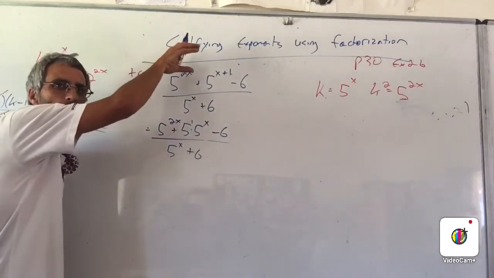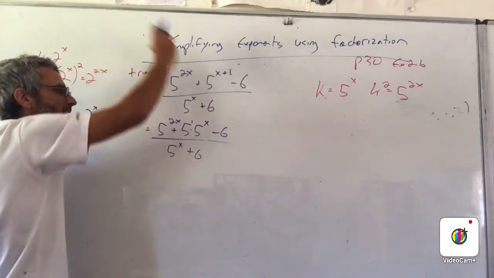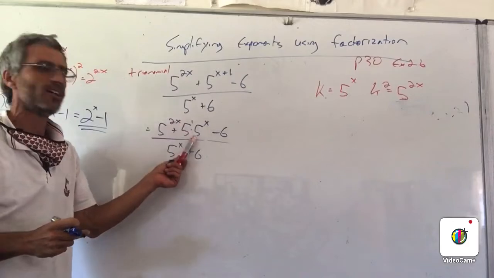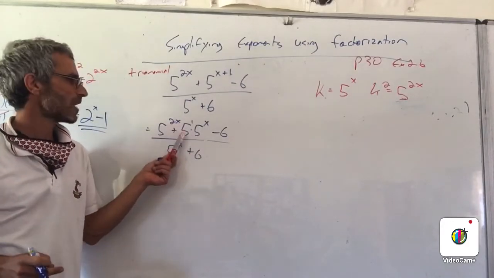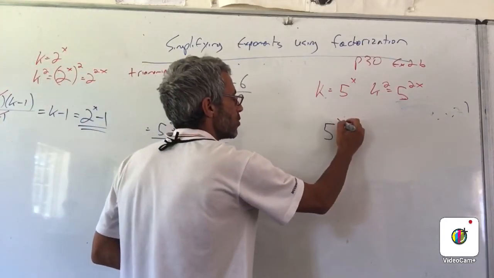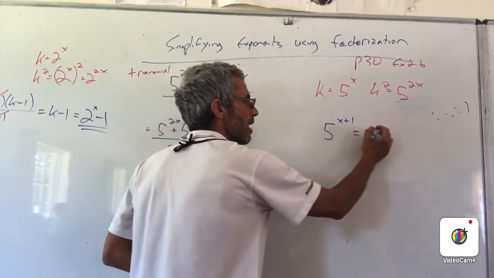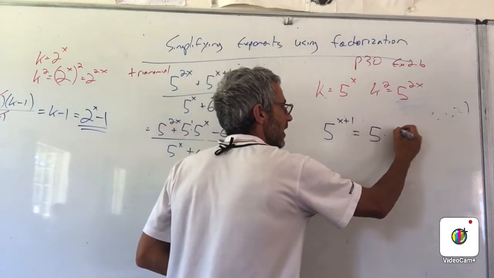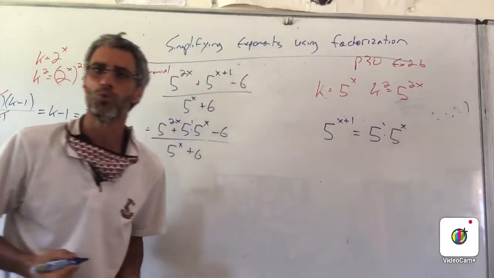So basically I grabbed the 5 out of here and left the 5 to the power x. I had to work backward. This is where your exponent rule needs to kick in: 5 to the power of x plus 1 is the same as 5 times 5 to the power of x, using the first rule.